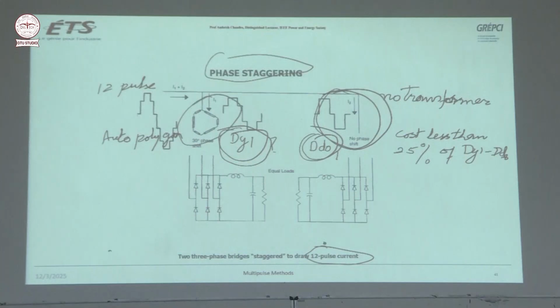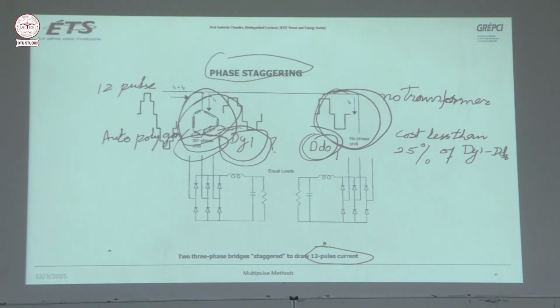And here you can have auto polygon with 30 degree phase shift. You can adjust the winding here and here, and you can get 30 degree phase shift. And on the top of this is auto transformer, much cheaper.